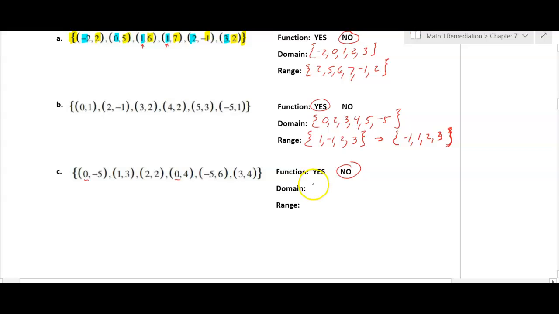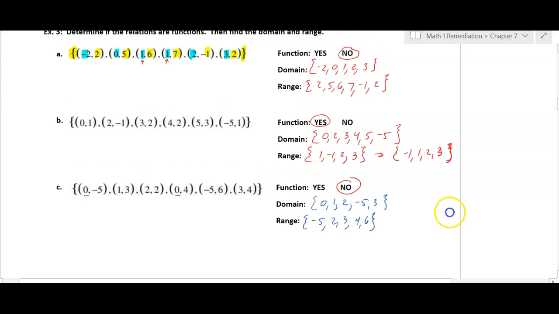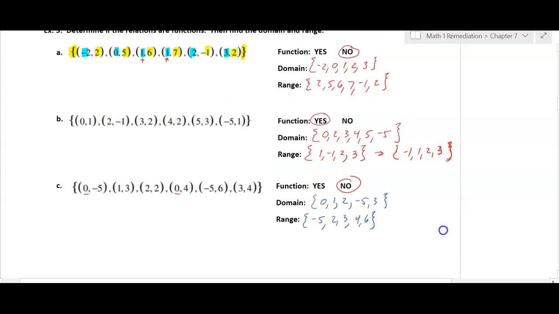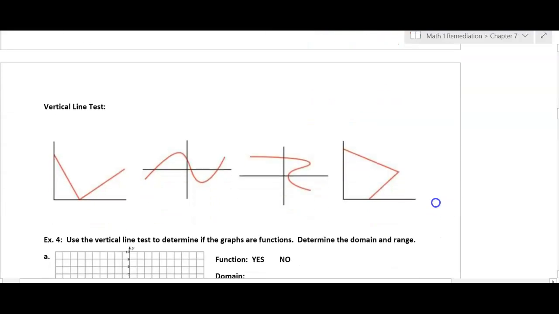Now, the domain, if I go and look, I'm just going to go ahead, 0, 1, 2, then 0 again, -5, and 3. And my range would be -5, what would that be? 2, 3, 4, and 6. Okay, so when I look at this, this is finding the domain and range of a relation.